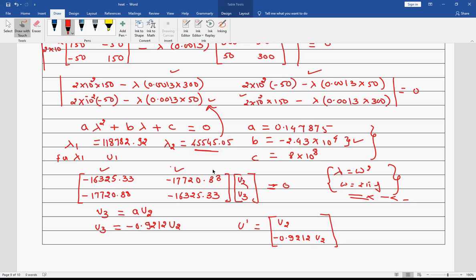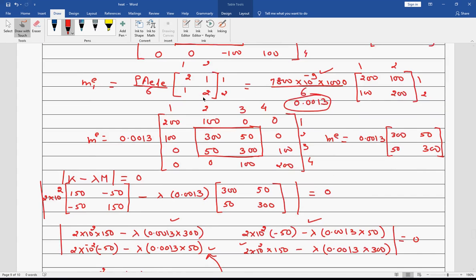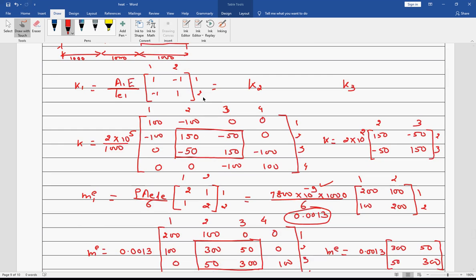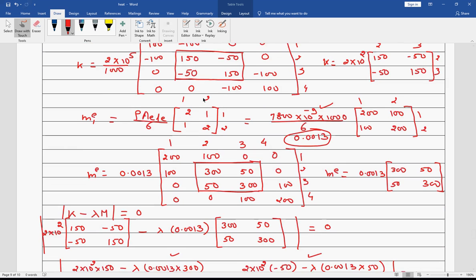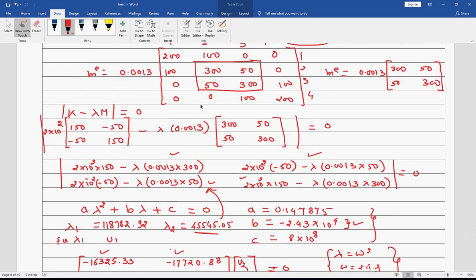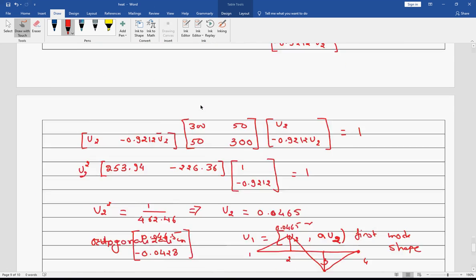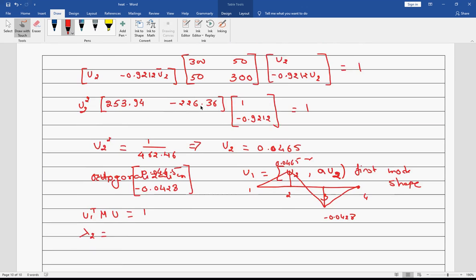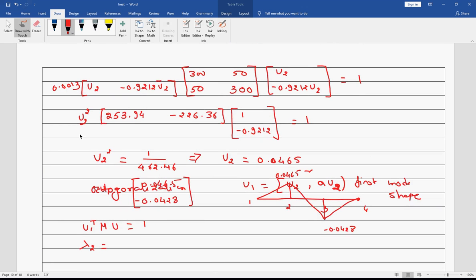Is the mass matrix common factor remaining? No, here the mass matrix is there, no? Mass matrix common factor, correct. 0.013. So that was remaining. So 0.013.